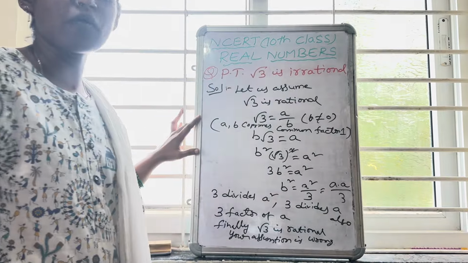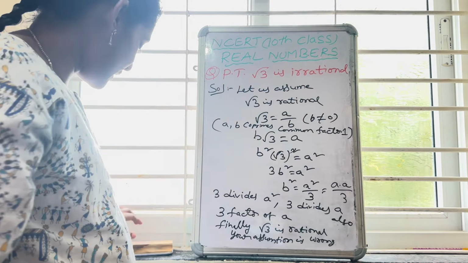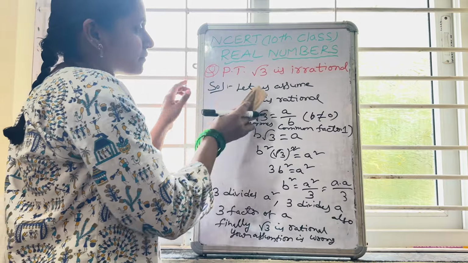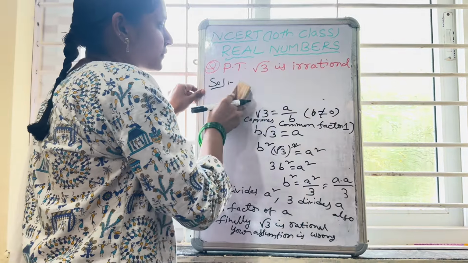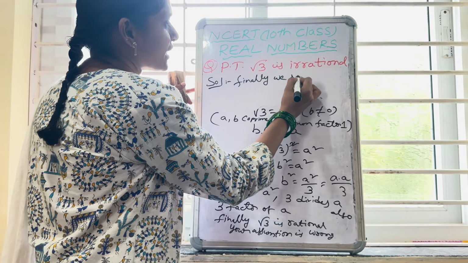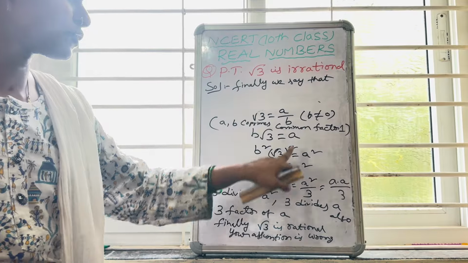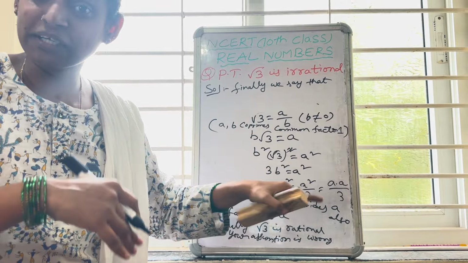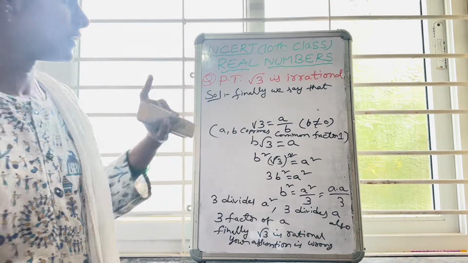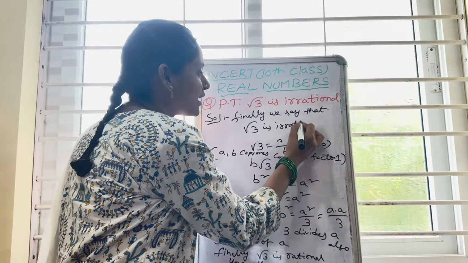So finally what we say is, root 3 is not rational. What I took, root 3 is rational, gave a wrong answer. So that's why finally we can say root 3 is an irrational number.